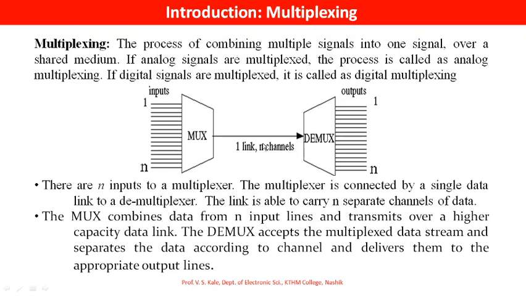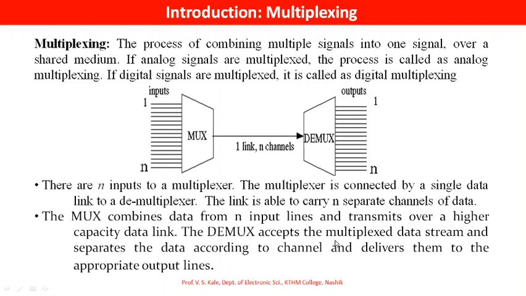N separate channels of data are carried from mux to demux. The mux combines data from n input lines and transmits over a higher capacity data link. So these inputs have low capacity as compared to this link which is connected between the mux and demux.